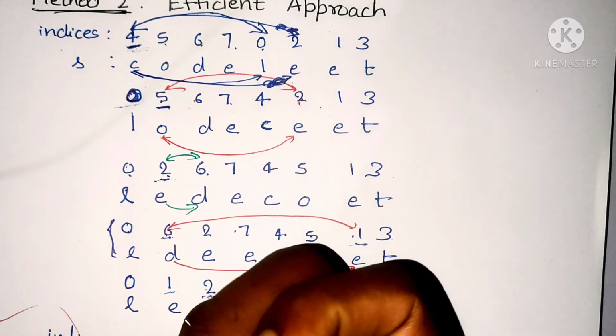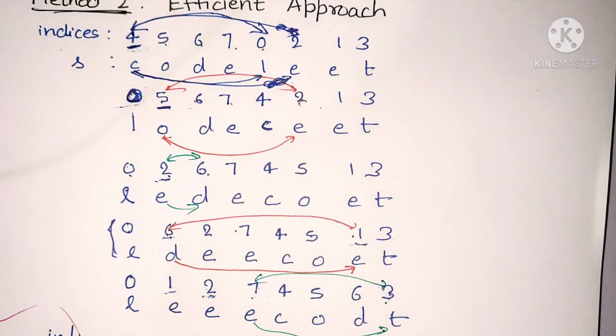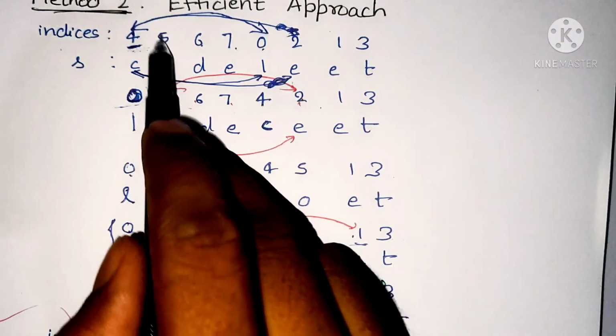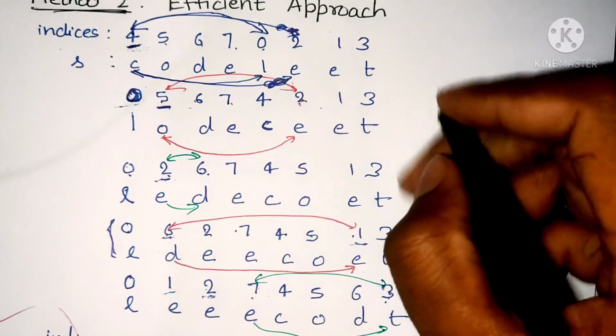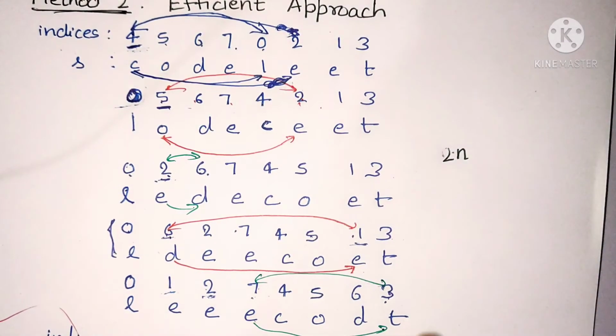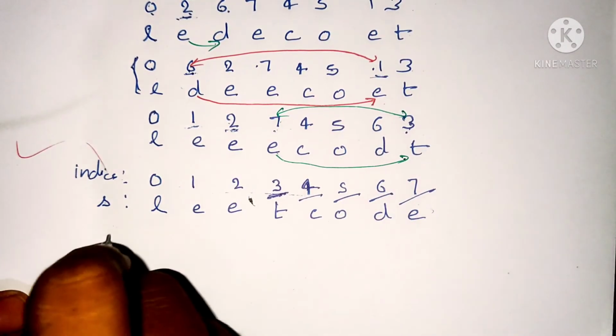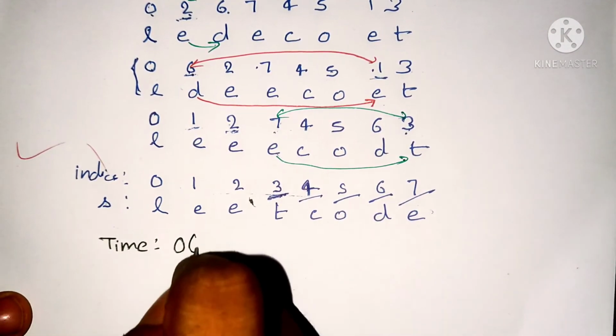So for every element there may be two iterations of this approach. So if the length of the string is n, then there will be at most 2n steps. So what should be the time complexity? Time complexity will be big O of n.